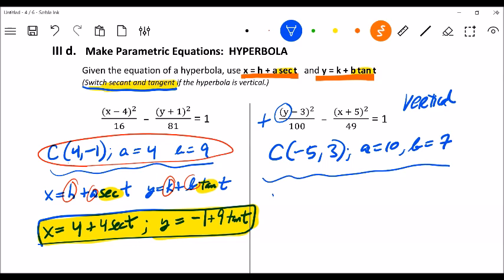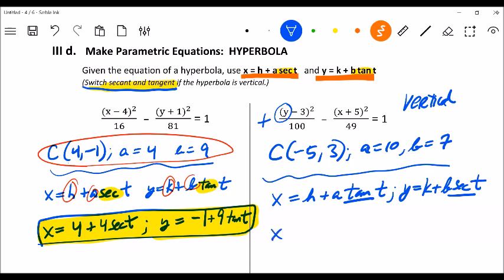And we'll put down these two equations. X equals H plus A, and I'm going to put the tangents this time. And then Y is equal to K plus B secant this time. So those two are switched. Let's put in the numbers.